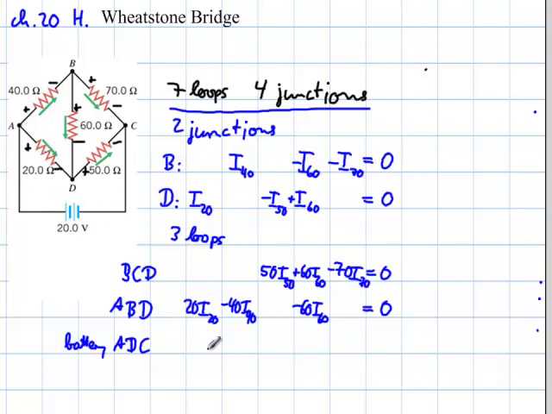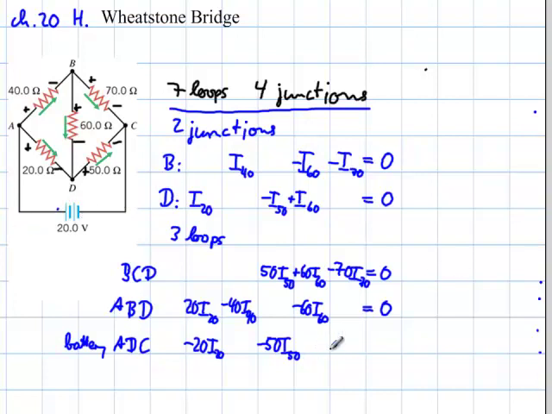I'm going to have negative 20 I20 and then I go down here, potential drop, negative 50 I50 and then I have 20 going up.